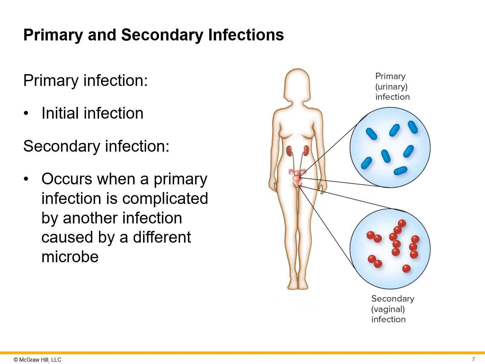And then the difference between the primary and secondary infection, again, primary is that initial infection, again, our urinary infection, where somebody got that infection, but then that can lead to an additional second or secondary infection. This is only when that first infection causes complications, and now we have a different microbe causing a second infection.